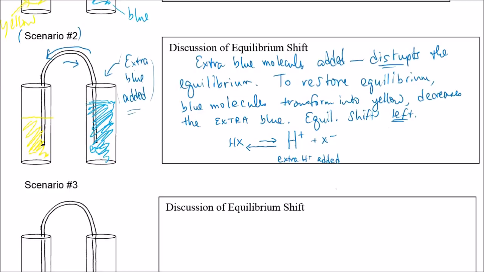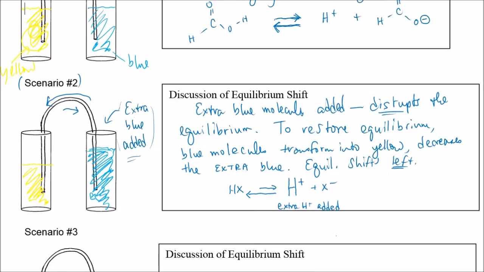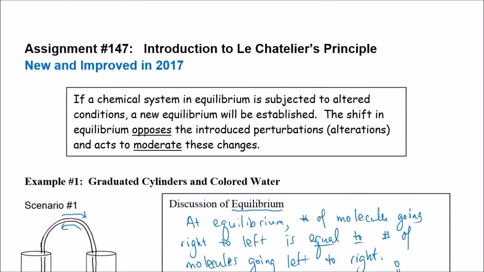To summarize, the stress is the extra blue added. The shift reduces the extra blue by having a bigger arrow going this direction. And this is what is meant when Le Chatelier says, subject to altered conditions, a new equilibrium will be established.